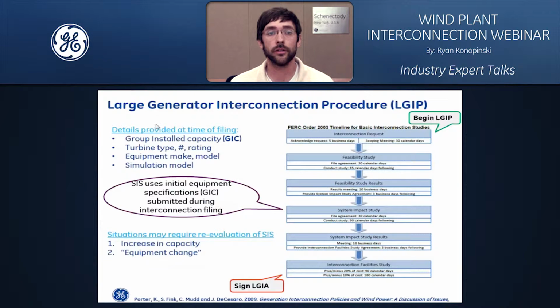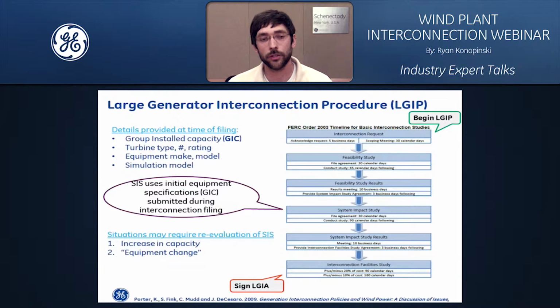Some of this information includes the group installed capacity, or GIC, which we'll be talking about a little bit more, the turbine types, number of turbines in the plant, as well as ratings of the turbines, the manufacturer, model of the turbines, as well as a simulation model. And that simulation model is used in evaluation of risk to the power system in the SIS, or system impact, portion of the feasibility studies that go along with the LGIP.